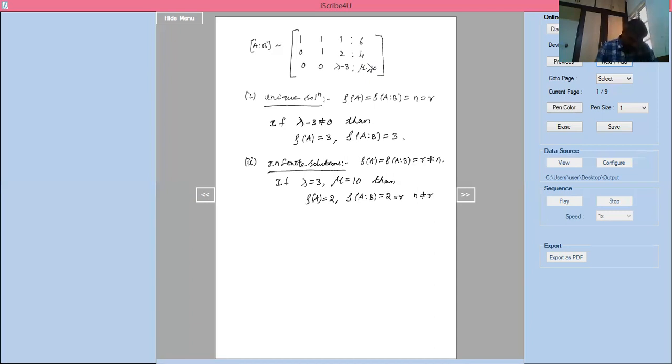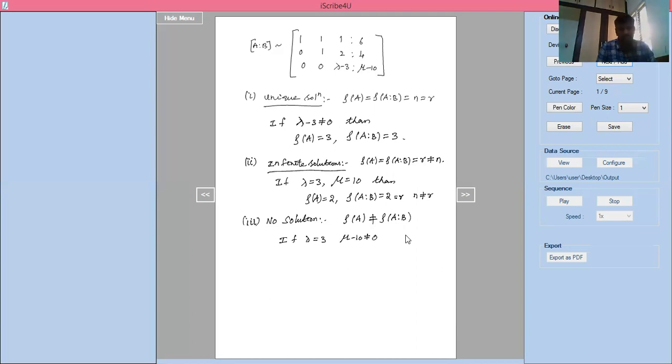Next is no solution. No solution means rank of A is not equal to rank of A is to B. This is the A matrix, and its rank is not equal to rank of A is to B when lambda equals 3 and mu minus 10 is not equal to 0.